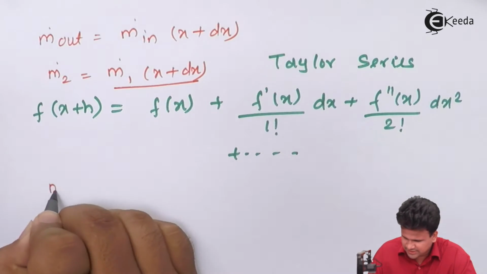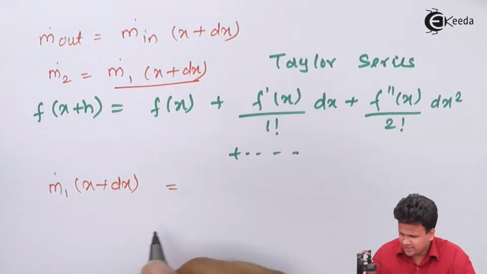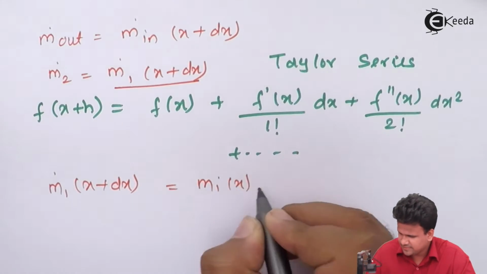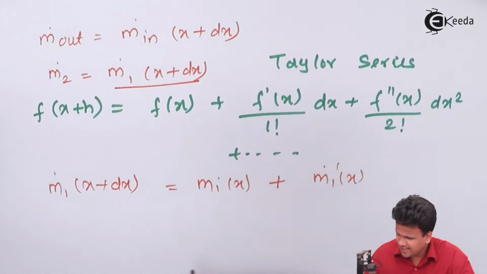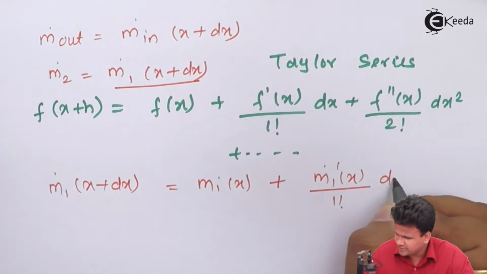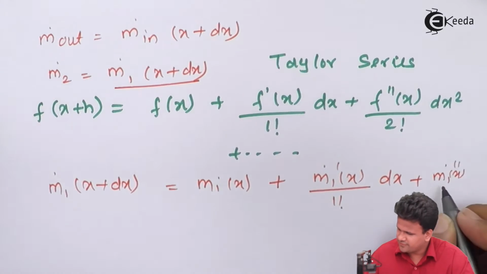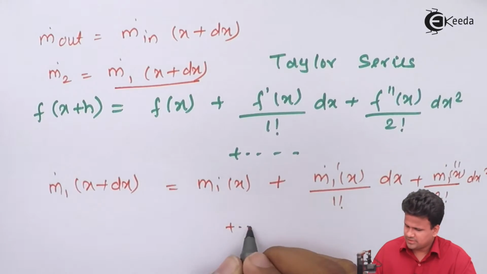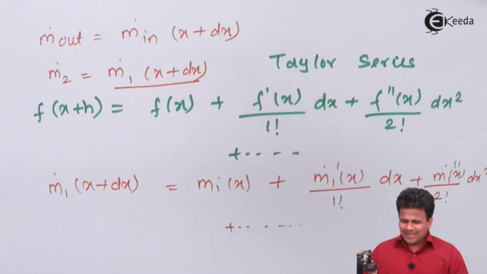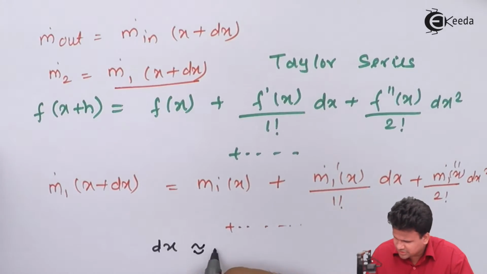So here also this is m dot 1 at x plus dx. So this will give us m dot 1 at x plus m dot 1 dash upon 1 factorial into dx plus m dot 1 double dash upon 2 factorial into dx square plus higher order terms. Now while expanding this part, we consider the thickness of this entire dx is almost equal to 0.